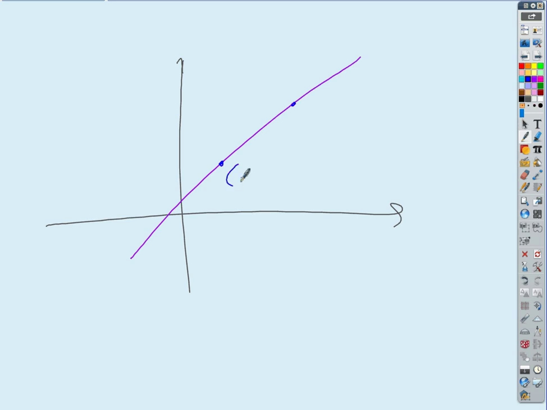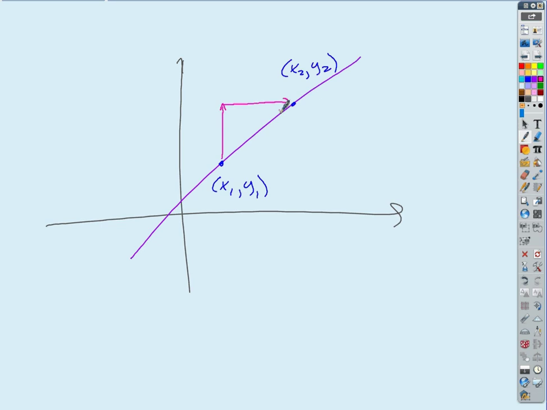I'm just going to say this is point number 1, so it's got coordinates x1, y1, and this guy up here has coordinates x2, y2. If I want to make a slope triangle out of this, I'm going to rise by some certain amount, and I'm going to run by some certain amount.